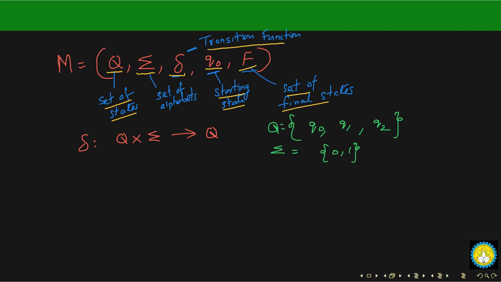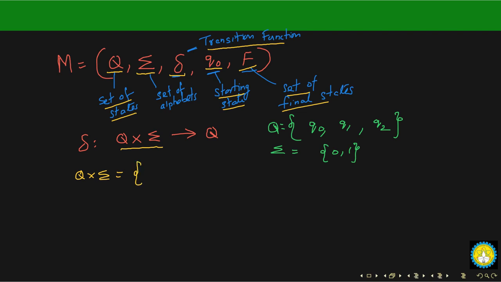Now what about Q cross sigma? Q cross sigma is going to be the Cartesian product of Q and sigma. So I have to take the Cartesian product of Q and sigma.